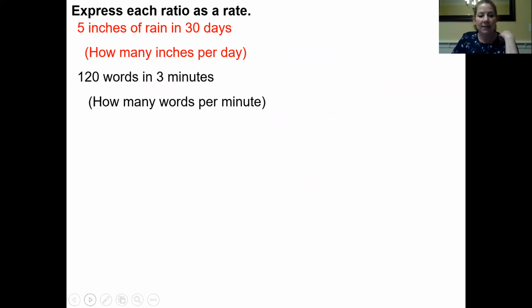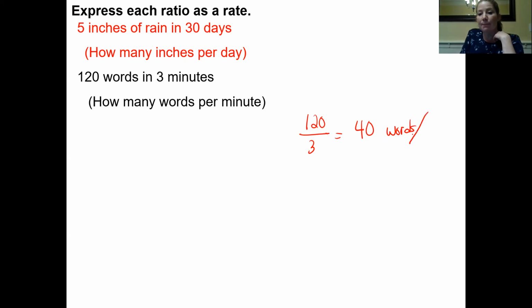All right, let's see what else. How many words per minute? If we can type 120 words in 3 minutes, that's going to be 40. 120 divided by 3 is 40 words per, that slash means per, P-E-R, minute.